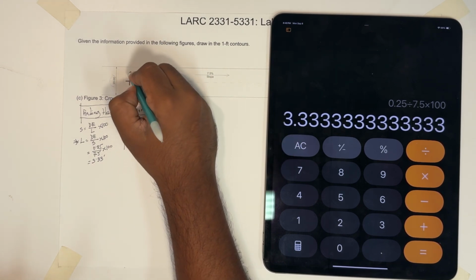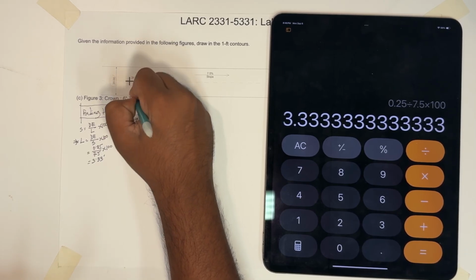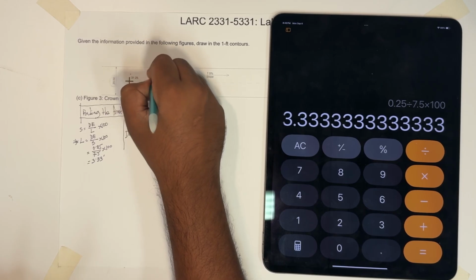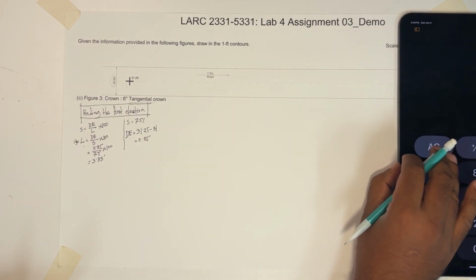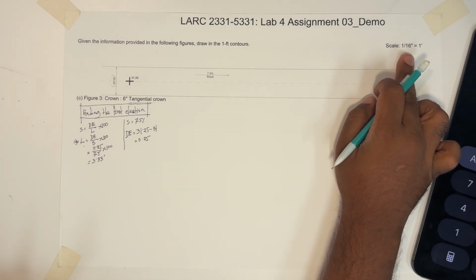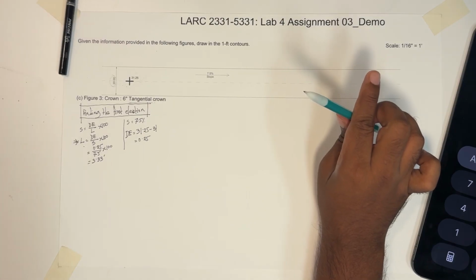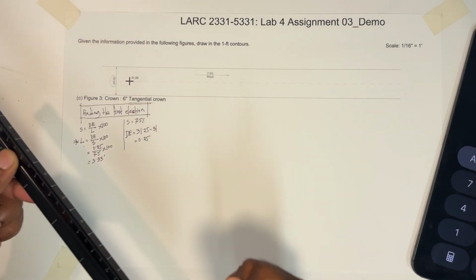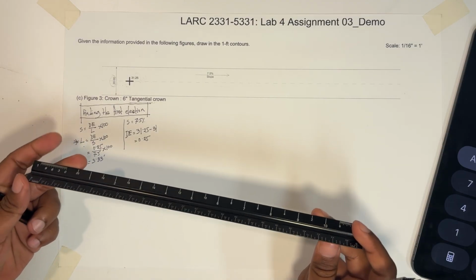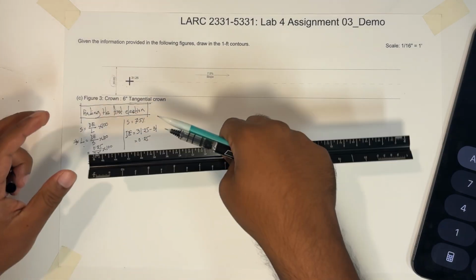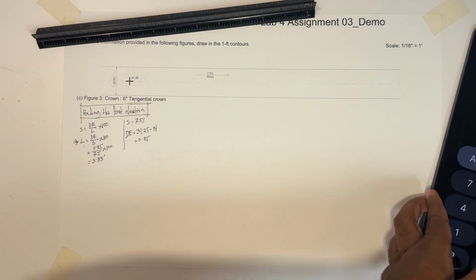So let's draw it in scale first. To draw it in scale, we have to look at the scale. This is 1/16. So that means we need to use the 1/8 and then multiply that with 0.5, or divide by 2. So let's find the 1/8, and let's divide 3.33 by 2.